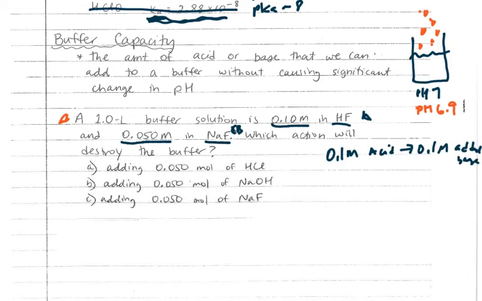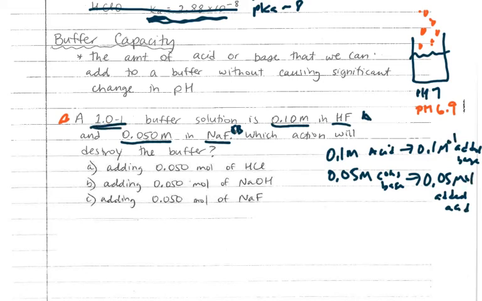And we also have 0.05 molar conjugate base in our buffer, so that will be able to neutralize 0.05 moles of added acid.